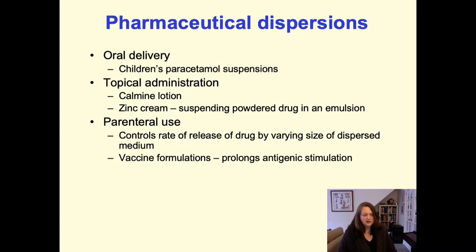And this would help to slow or control the release of the drug. So there are a number of examples where we have dispersions of a solid in a liquid, or liquid in a liquid, or other types of dispersions where the dispersed phase may have sizes that are greater than colloidal in terms of the formulation.